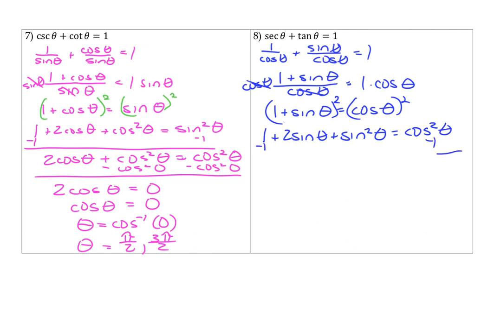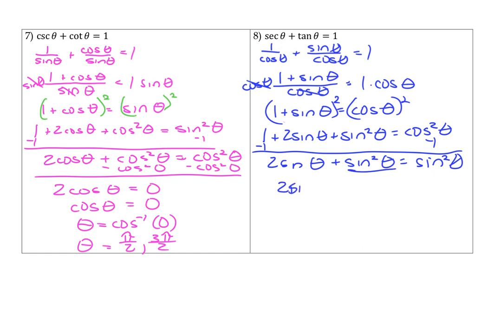Now that's a Big Daddy. So now I have 2 sine theta plus sine squared theta equals sine squared theta. Subtract that, and that makes it 2 sine theta equals 0. Divide by 2, so sine theta still equals 0.